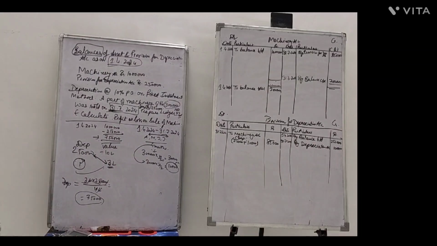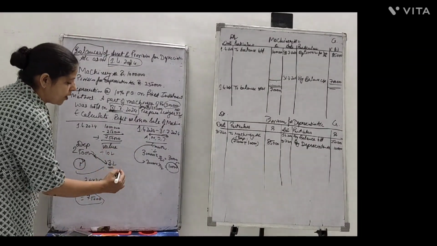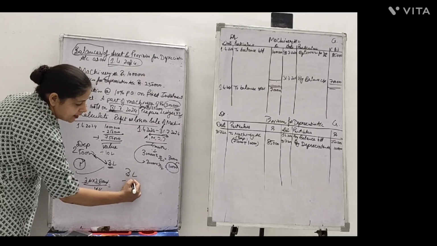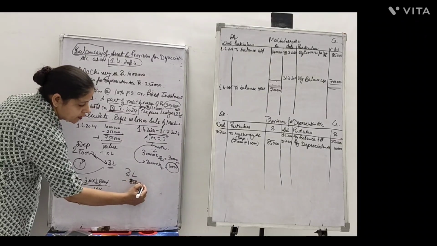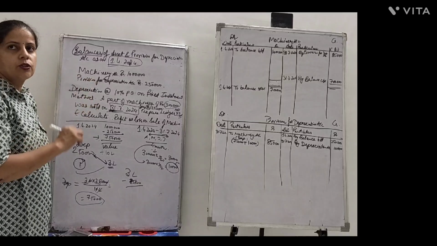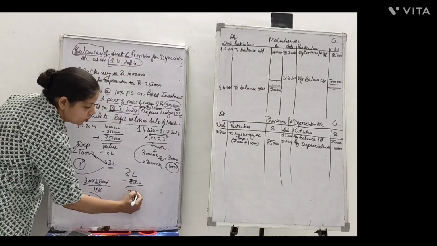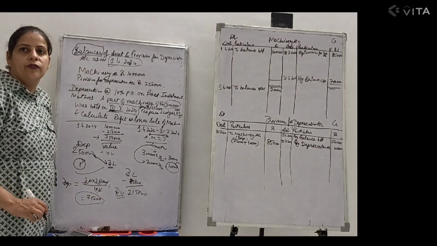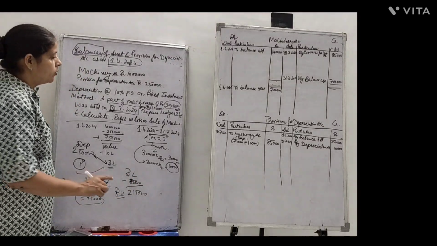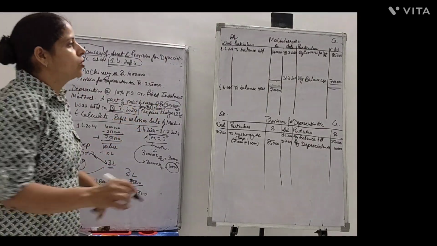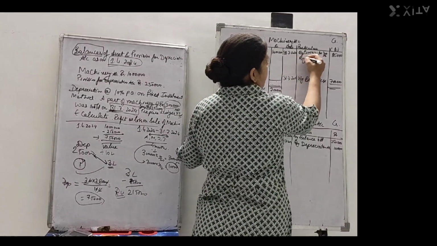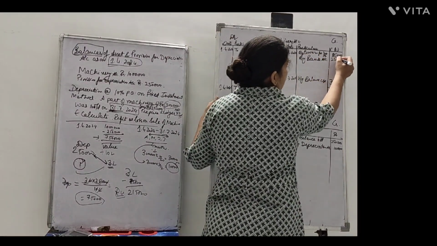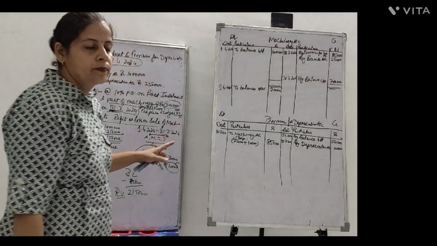Now in this case, the machinery which was sold was of 3 lakh minus 85,000 rupees of total depreciation which we took on that machinery. So what was the remaining value of the asset? That was 2,15,000. It was sold for what value? 2,50,000 by a bank account. The machine was sold for rupees 2,50,000 here.